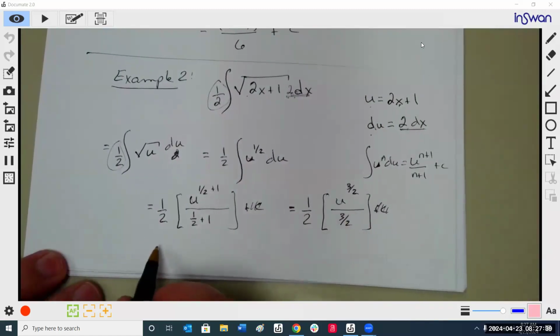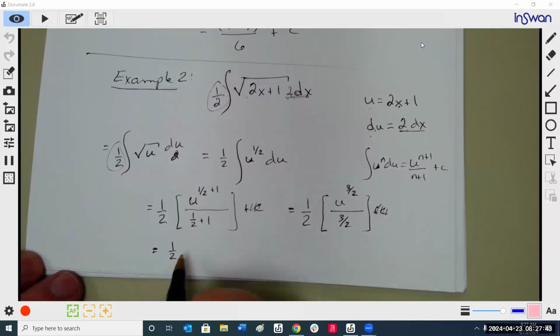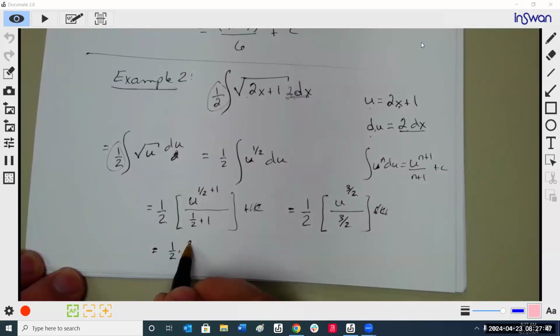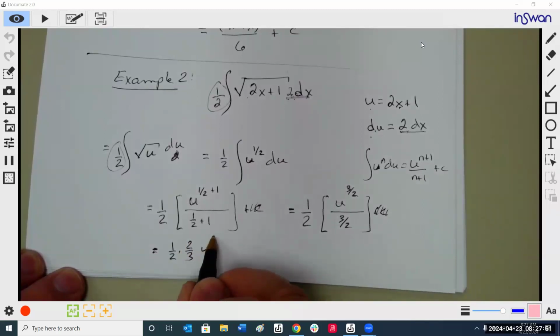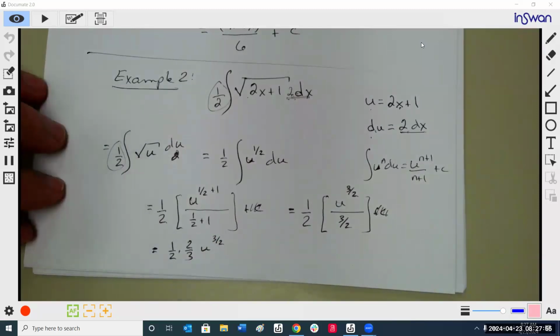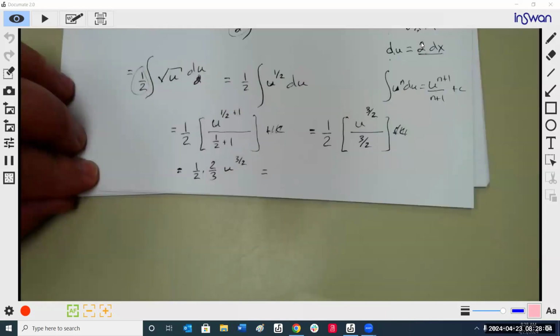So what do we do now? Let's simplify it. So we have the 1/2 out in front. We have to multiply by the reciprocal of the bottom, which is 2 over 3, times u to the power 3/2. Simplify.